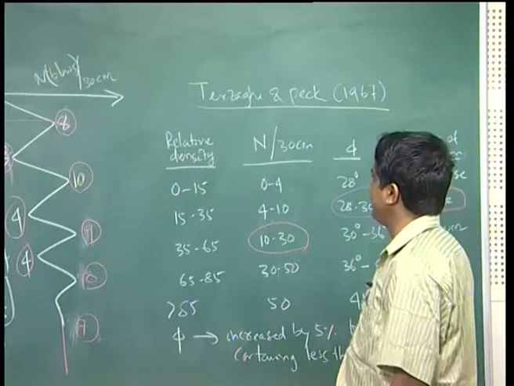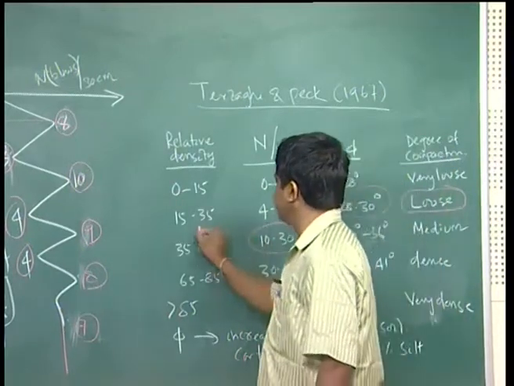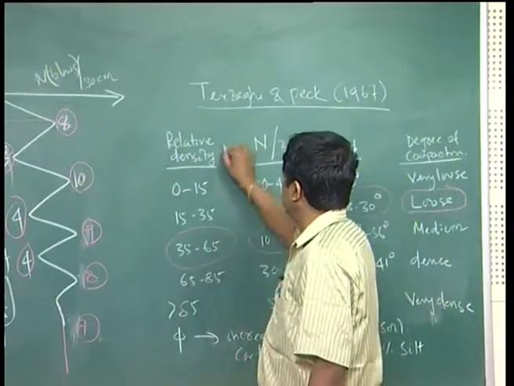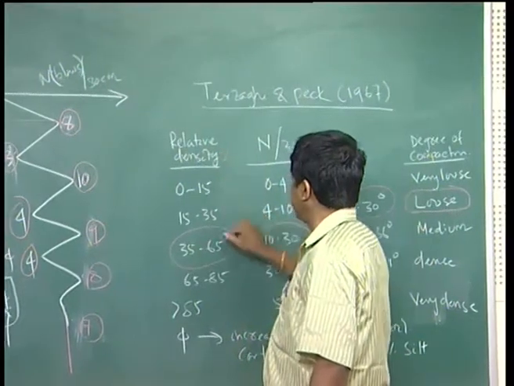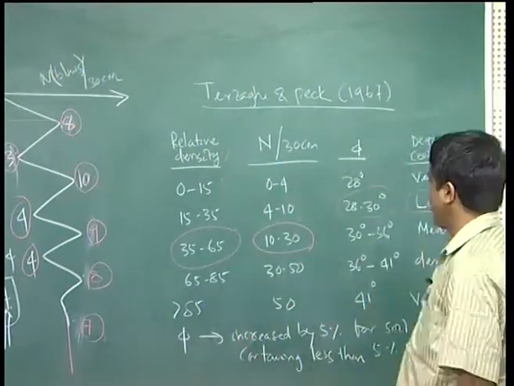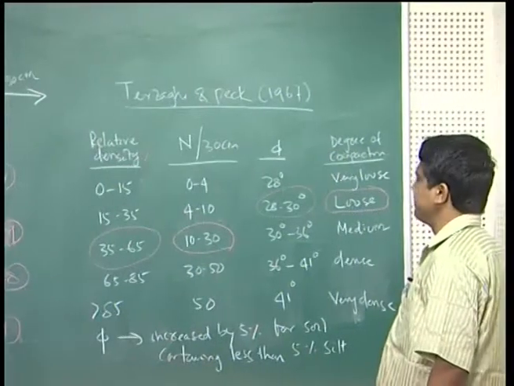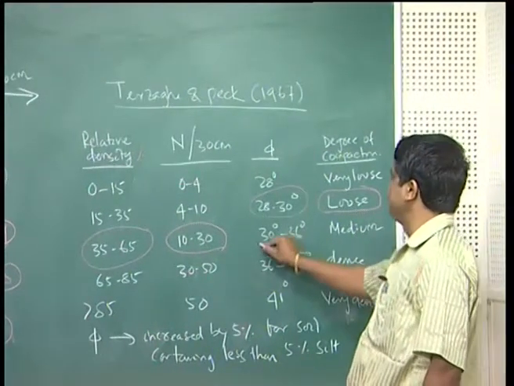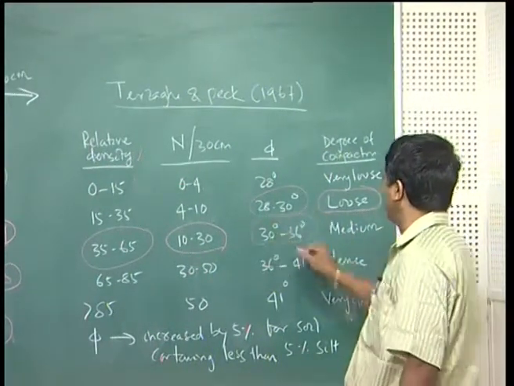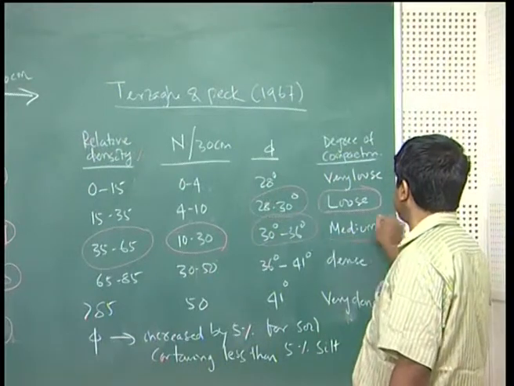What is its relative density? Its relative density is 36 to 65 percent. That means this phi, the phi of cohesionless soil, varies between 30 to 36 degrees and it is in the state of medium.